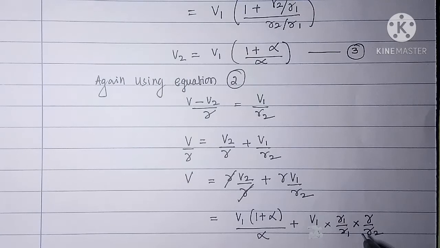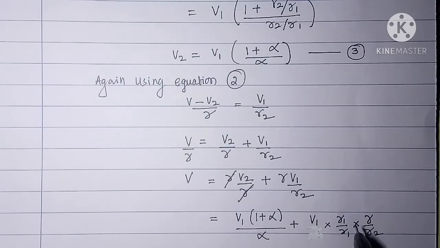We have already written that R2 by R1 and R1 by R are equal to alpha. Therefore, R1 by R2 and R by R1 will become reciprocals of alpha.